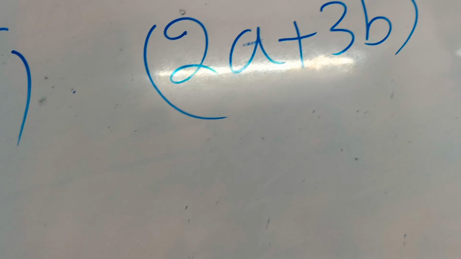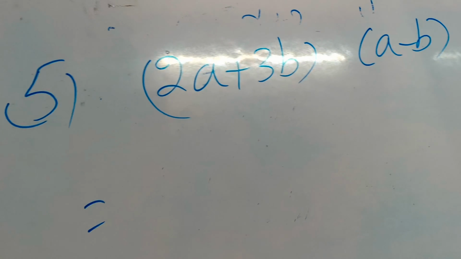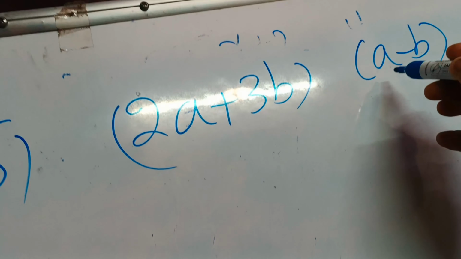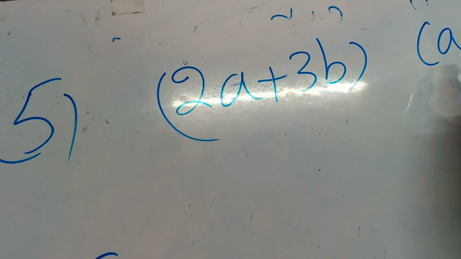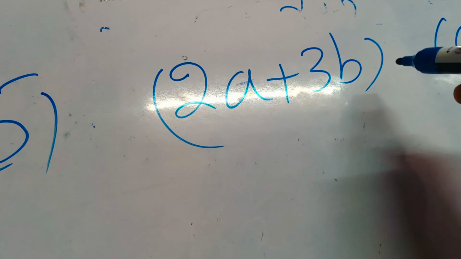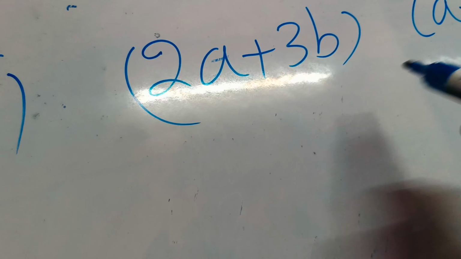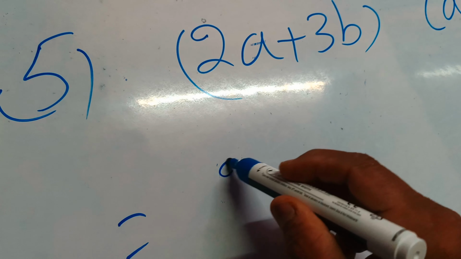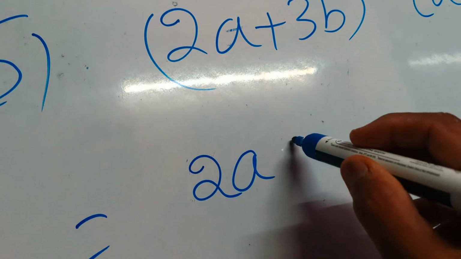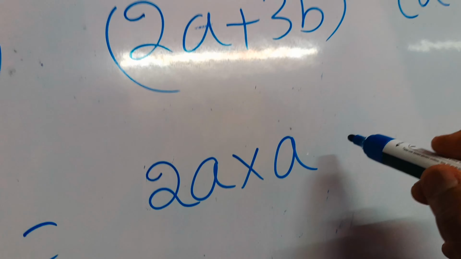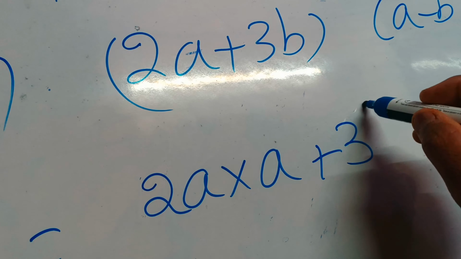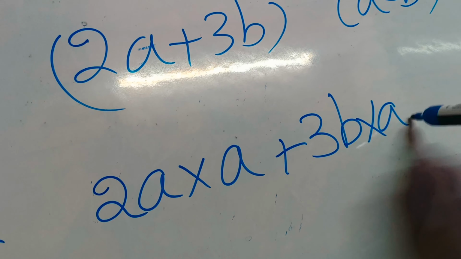First we multiply 2a plus 3b by a: 2a into a plus 3b into a.